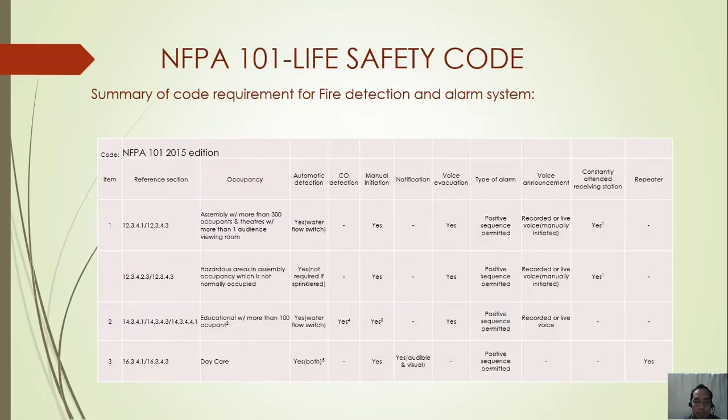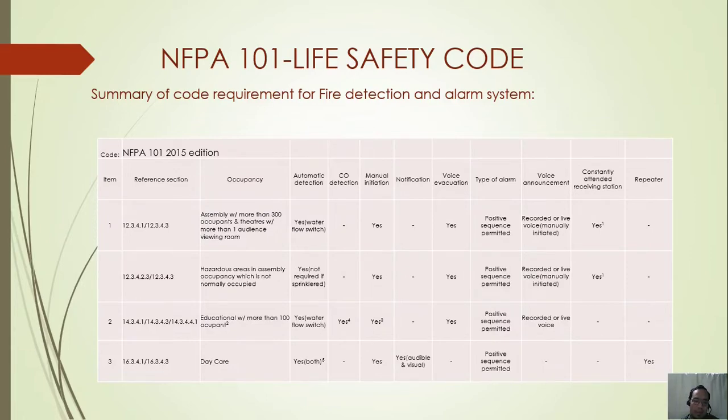So the next one is in an assembly occupancy. There are also some areas which we call hazardous areas, like electrical rooms and mechanical rooms.